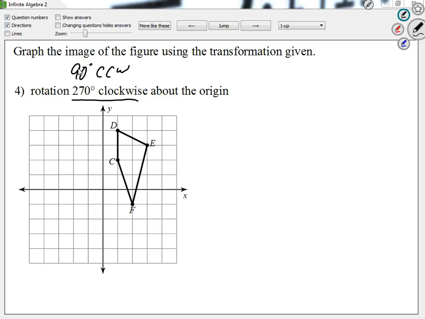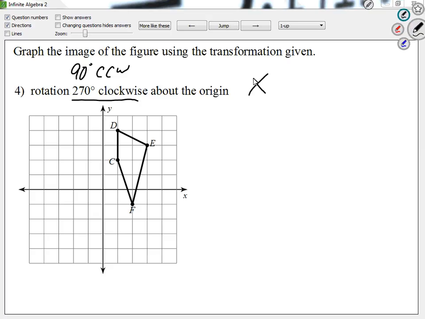Like if I have going clockwise 270 like this, right? Now let me start again. 270, 90 counter, it's the same thing. So 270 clockwise or 90 counterclockwise, I want to use the same rule. So it could be on the test like that.